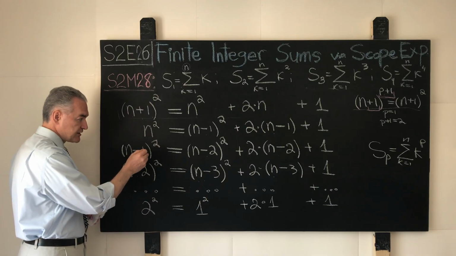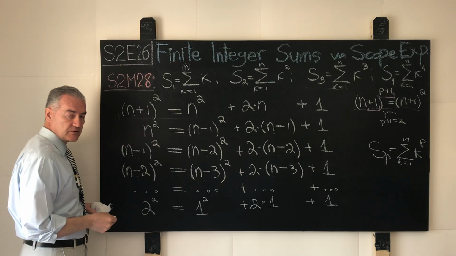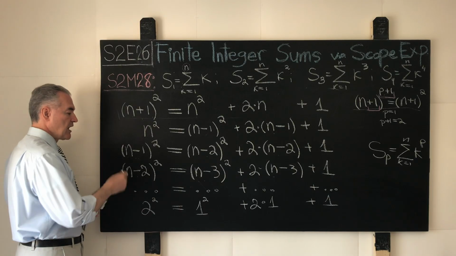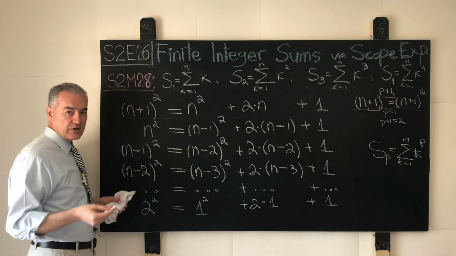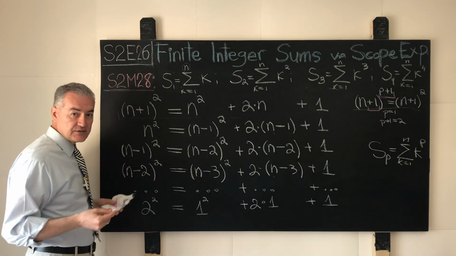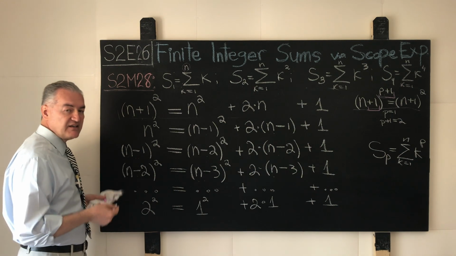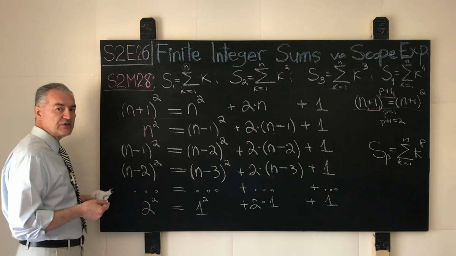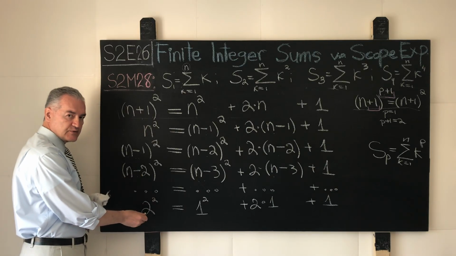We repeat that process of copy and replace n with n minus 1 times. N minus 1 plus the original expansion gives us how many equations? N. And because all our sums are finite, that means that eventually we will run out of material that we can iterate. And where will this point be?